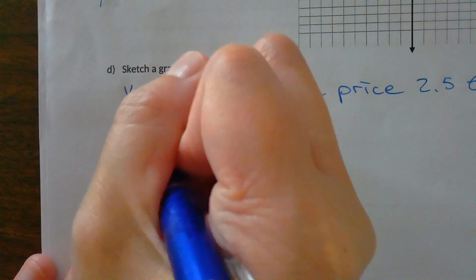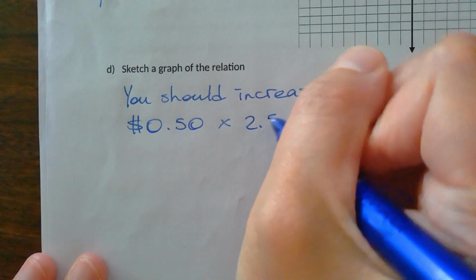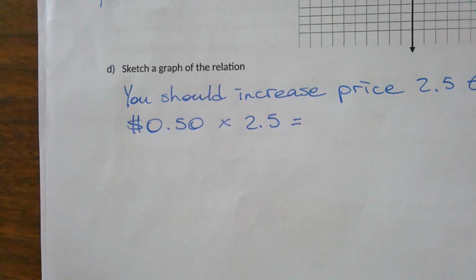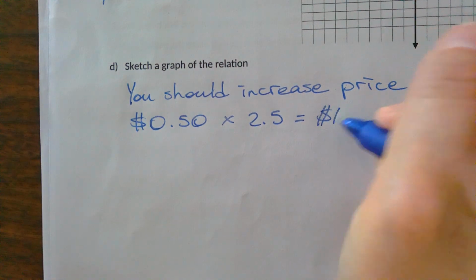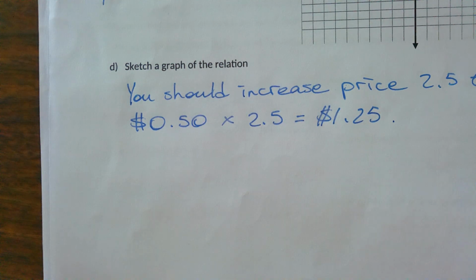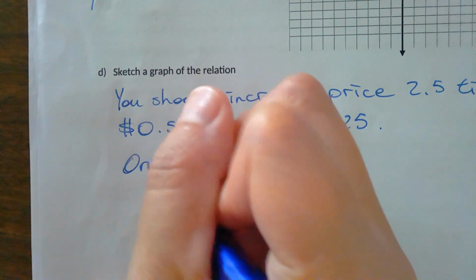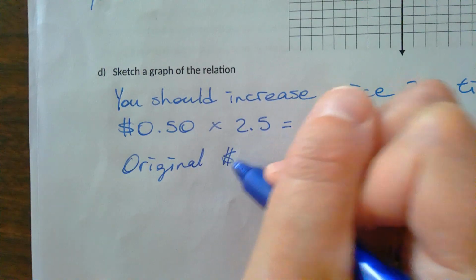All right. So 50 cents times 2.5 equals $1.25. Originally, the ticket was $5.